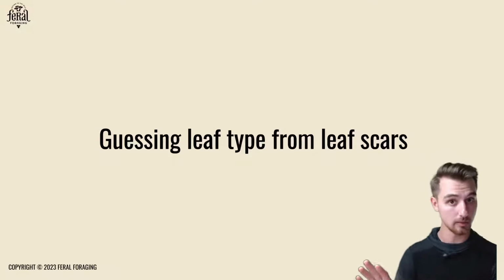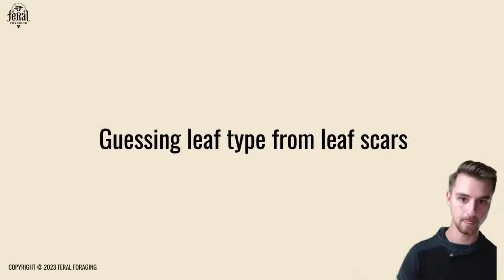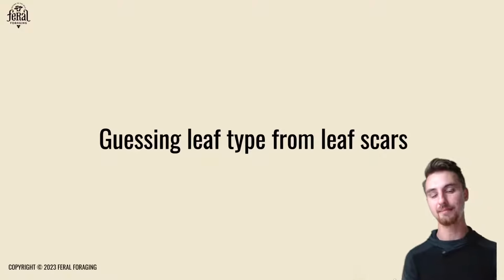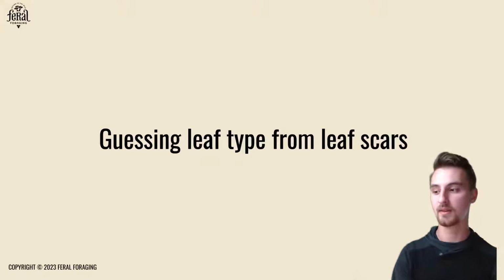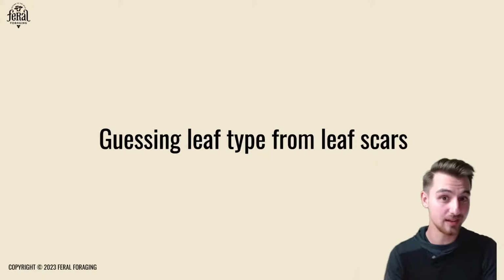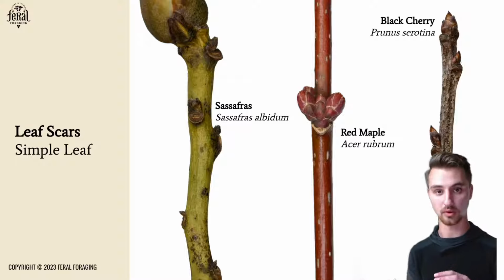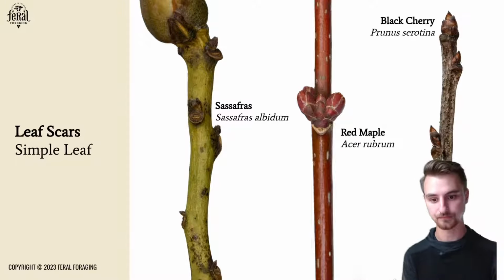So as I talked about before, if you're familiar with leaf type, whether it's compound or simple, obviously in the wintertime we don't have immediate access to the leaves. Sometimes they'll be on the ground, but that's for another time. So how could we get an idea of what they are, right? If you knew that something was simple or compound, you might get a better guess because you're familiar with those in the wintertime.